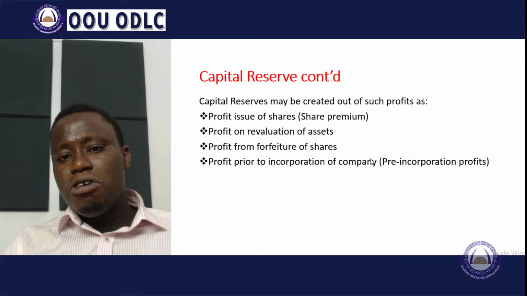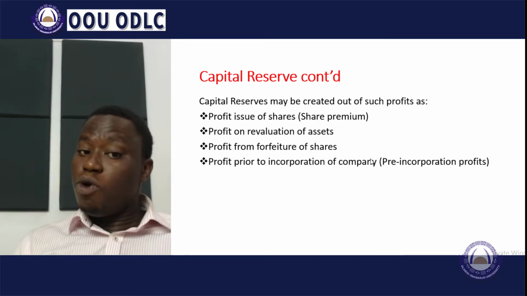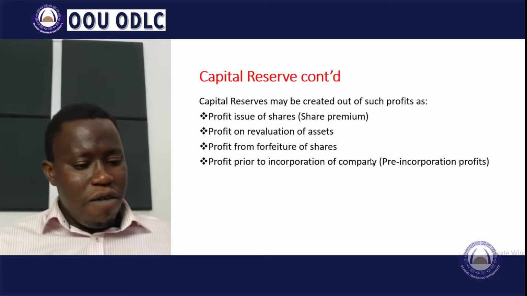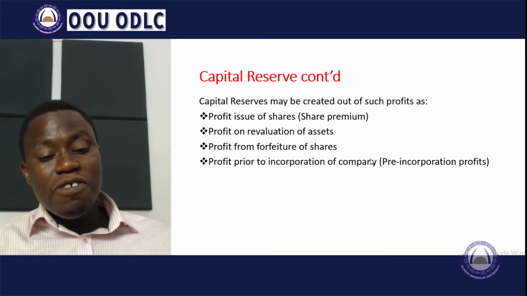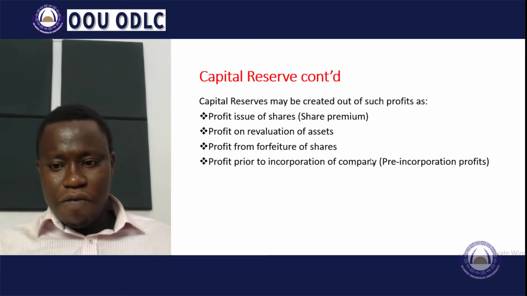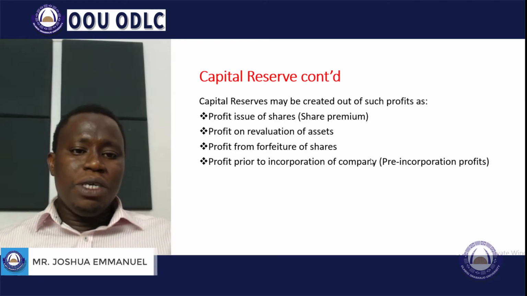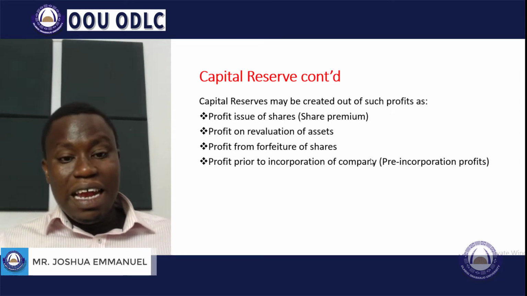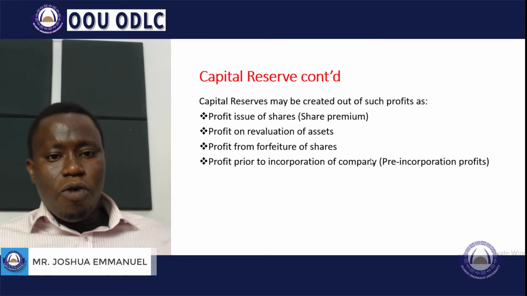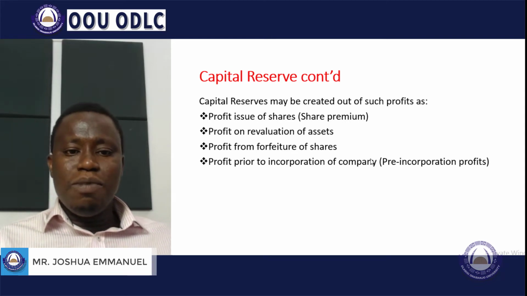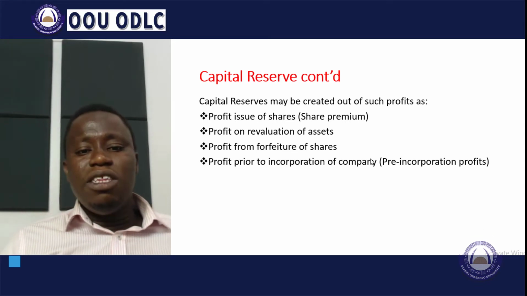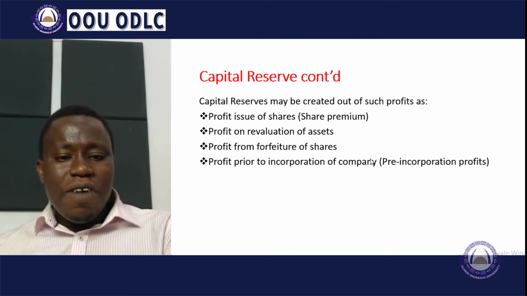Another source of non-trading profit is profits on revaluation of assets. For instance, you purchased a land 2 years ago for 500,000 naira and it is being valued at 500,000 naira in the books of account, but you are now revaluing the land.